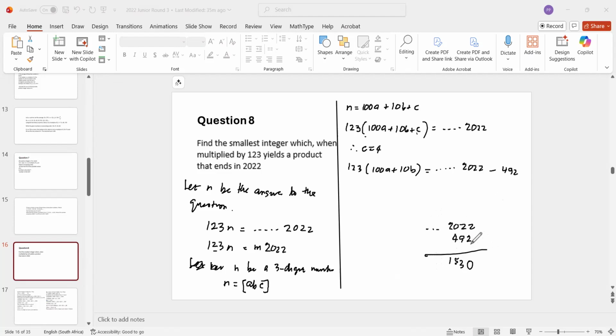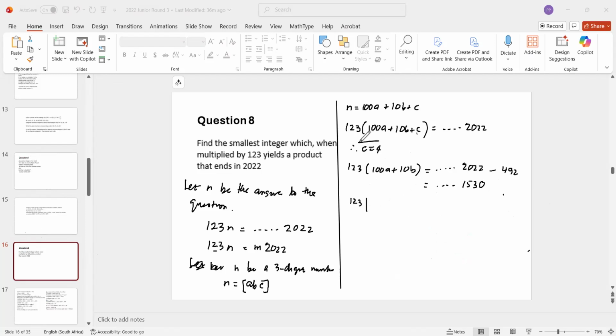So when you subtract 492 from such a number, you will land up with 1530. The last 4 digits will be 1530. Now you look at both sides, you see that you got a multiple of 10. You can take out 10, or divide by 10 on both sides, and you have 123.